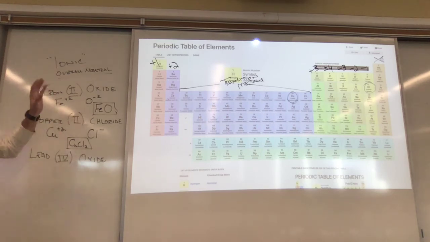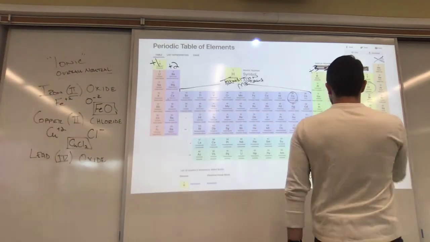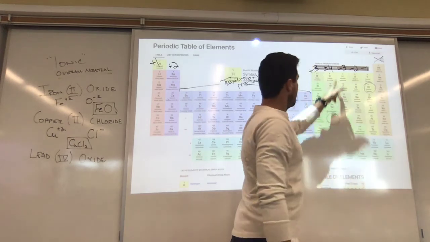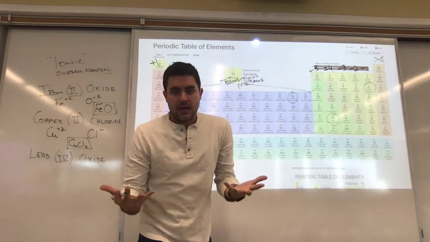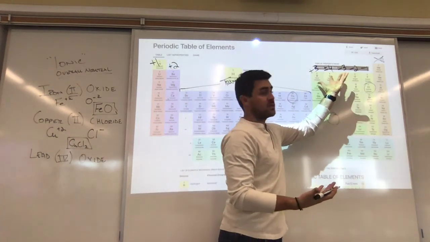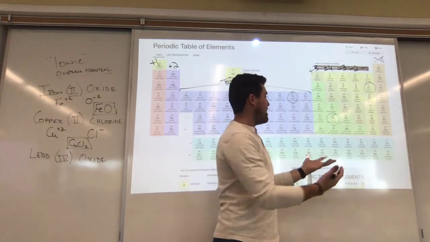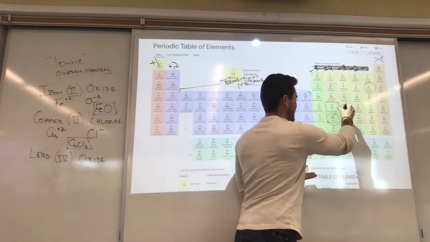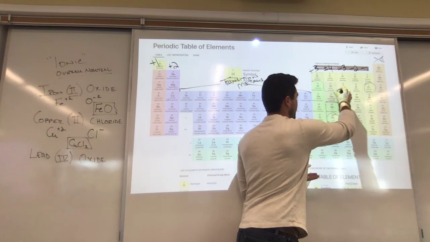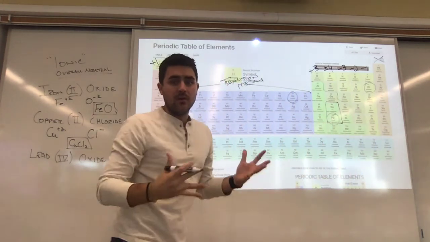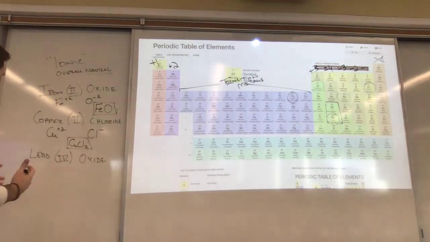Lead 4 oxide. Where's lead? There's lead. Oh, okay. It says it should be +4, but also remember, lead and tin are these ones that kind of live over here. They're on this side of the stair step. Those are my transition metals still. Lead 4 oxide.